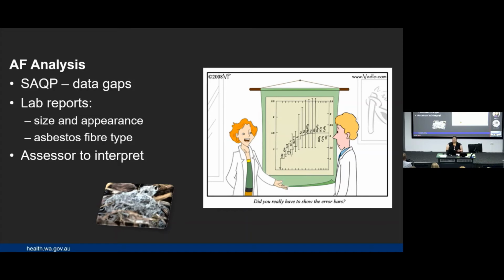So basically we say between 0.001 and 0.01, you've got contamination, but somewhere in there is the best you can do. You can't really say that 0.005 is different to 0.008% weight by weight asbestos, because the error margins are too large for you to say that.